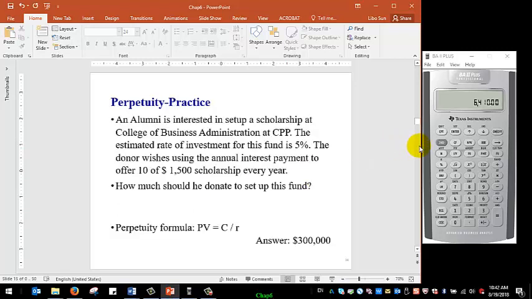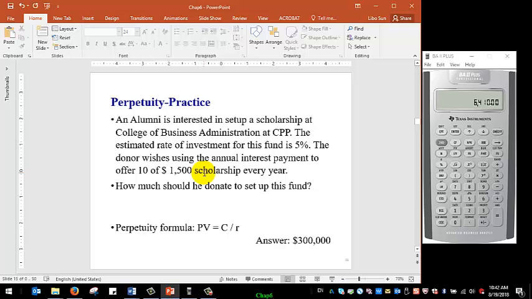Perpetuity can also be used to evaluate an endowment scholarship fund. Suppose a potential donor wants to give money and set up a scholarship fund. Every year, this fund uses the annual interest payment to pay out 10 scholarships, each worth $1,500.